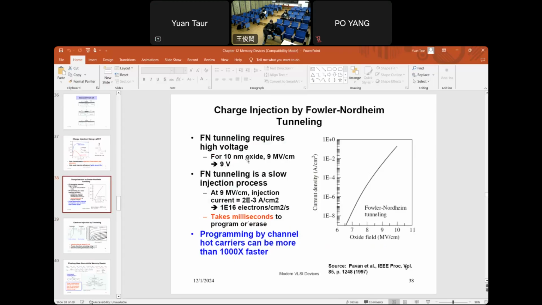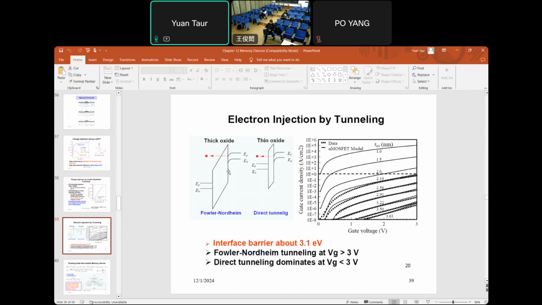If your oxide is thinner than 10, then we have direct tunneling. Once you have direct tunneling, even if you get a charge into the floating gate, it can come out. So for a non-volatile memory, you don't want the oxide to be too thin.